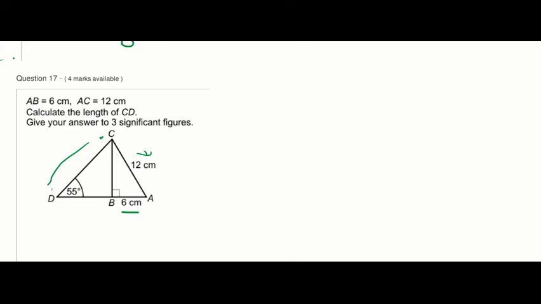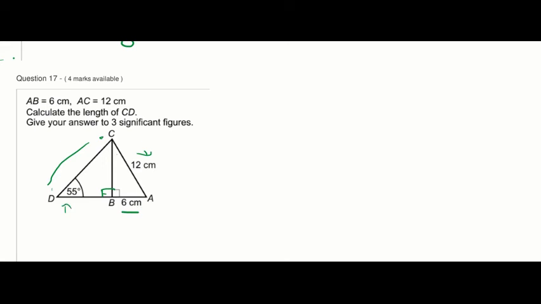Now looking at this here, we've got 2 right-angled triangles pushed against each other. In one of the right-angled triangles, ABC, we're given 2 sides, and in the other right-angled triangle we're given an angle.